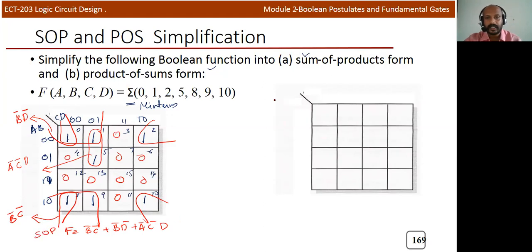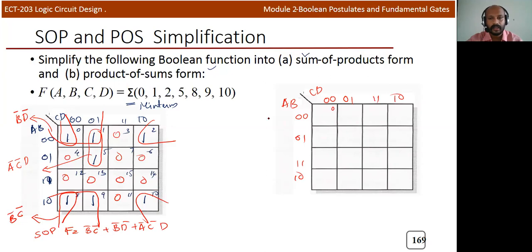Now we need to find the POS expression of this particular question. Okay, we can do the same thing in this particular K-map, but it will be confusing. So I will draw one more K-map, exactly the same thing.